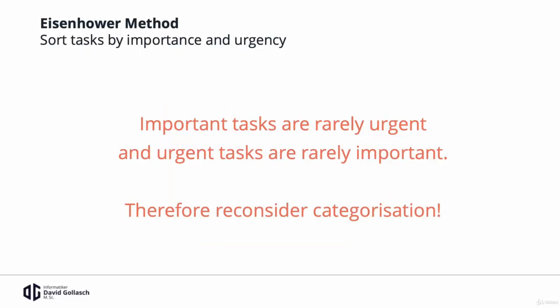So this is one of the major take-home messages of this course. You have to know that important tasks are rarely urgent, and urgent tasks are rarely important. So you have to really think about where you place your task in this matrix, in which area.